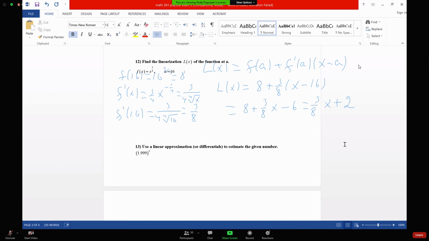You just simply find the derivative and plug these values into the equation. If, let's say, you wanted 16.1, you just put in 16.1 and find the value. Okay, that's simple enough to understand.